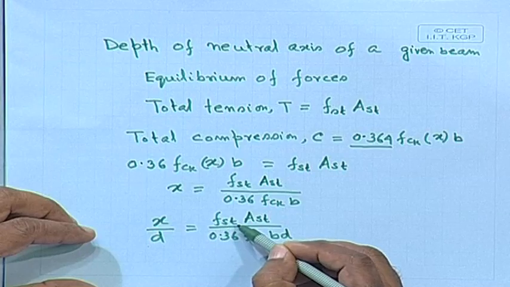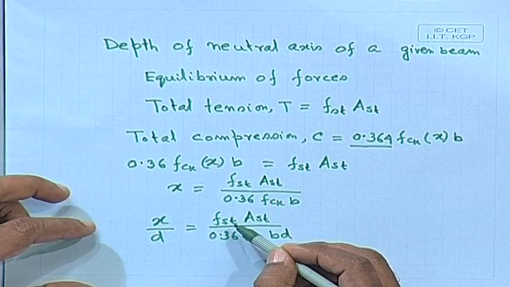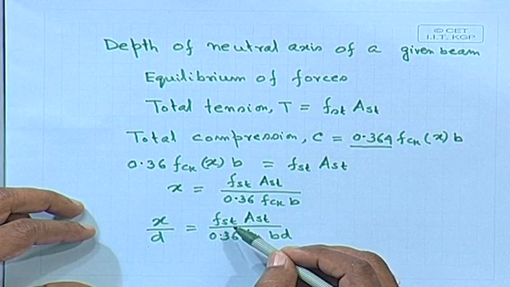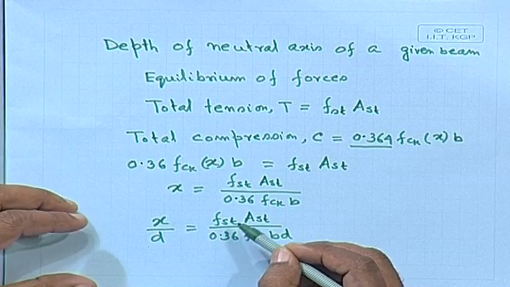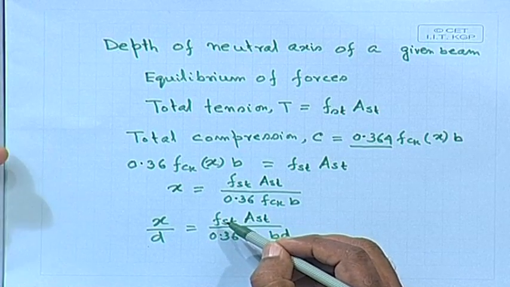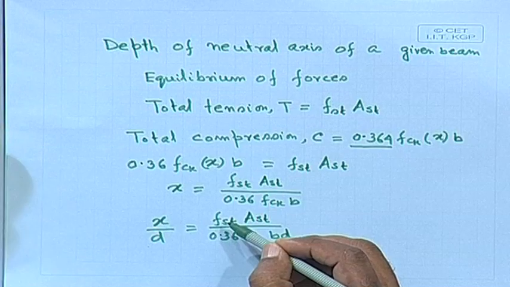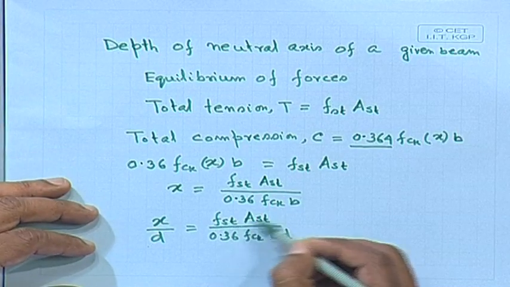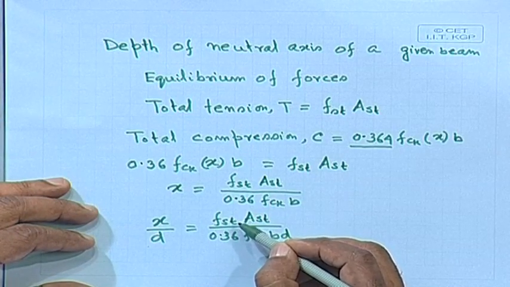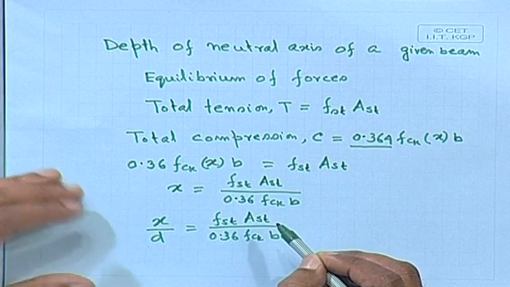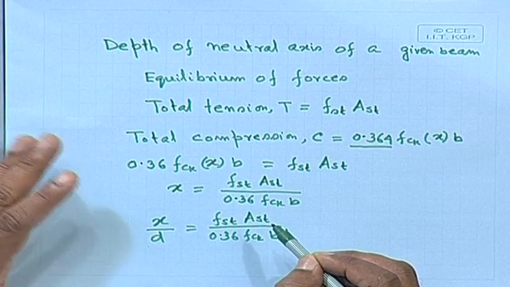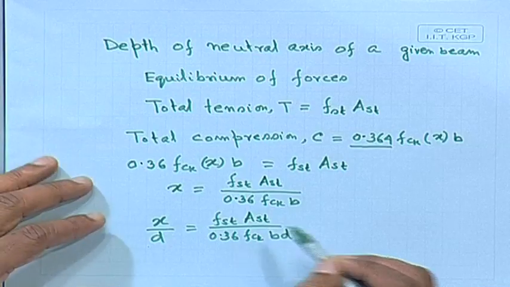Now, if we take the section as under reinforced, that means we shall reach the yield stress in steel first. In that case, FST will be equal to 0.87 FOI. That is the permissible stress according to IS 456.